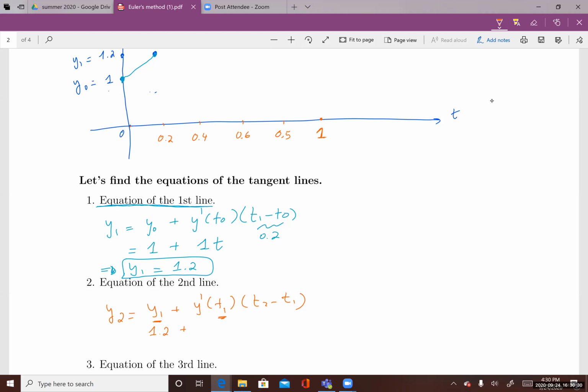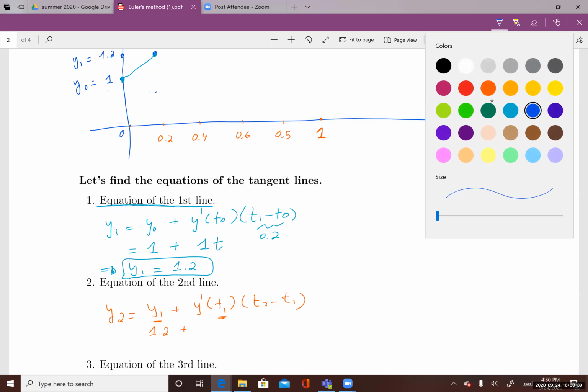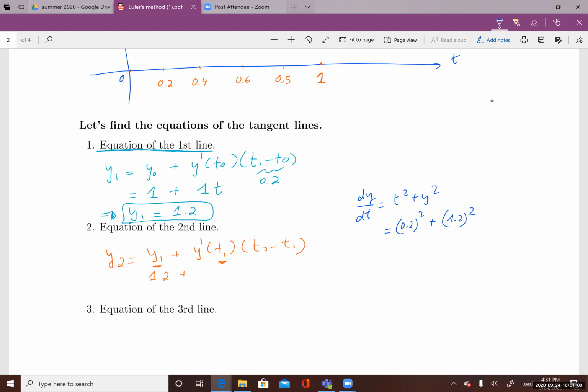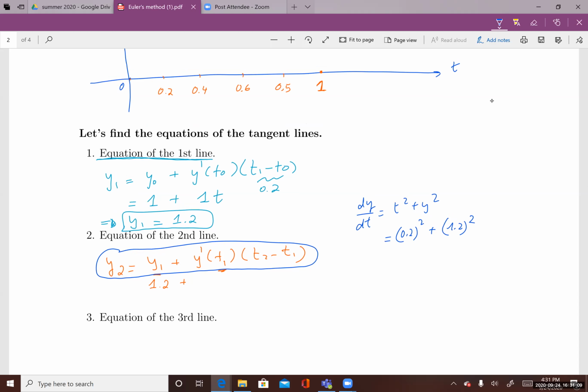So you plug t1 is 0.2 and y1 is 1.2, then you have to find the formula. So dy over dt equals t squared plus y squared. Now t equals 0.2, so 0.2 squared plus y squared, which is 1.2 squared. Okay, so this is the equation. And then if you plug the information into this equation, then you will have your point y2.